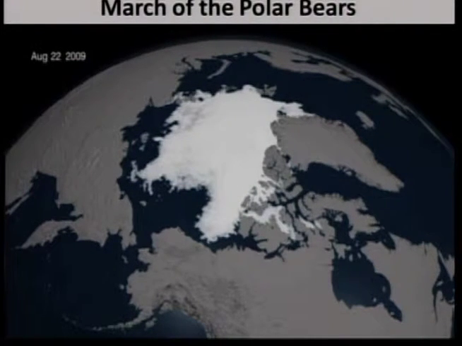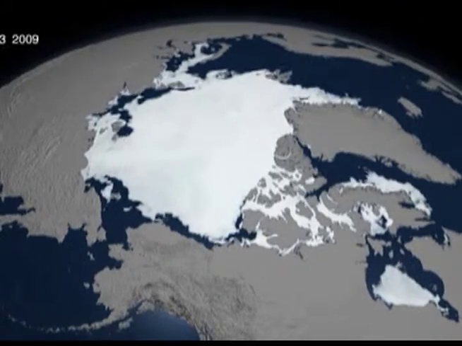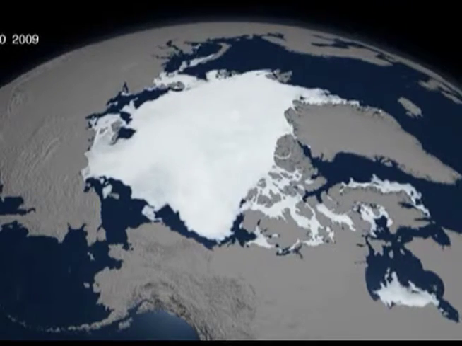The parameter in this particular lesson is related to sea ice and surface temperature. The scenario is that the polar bears are being tracked and they have a very difficult time.